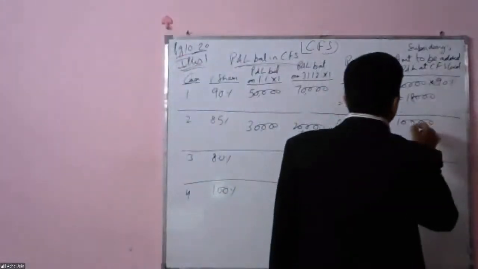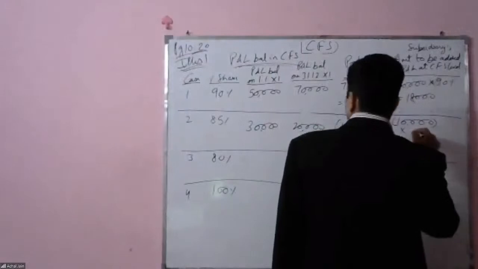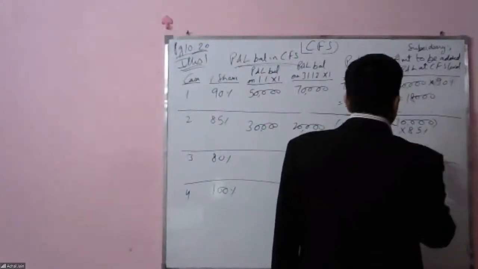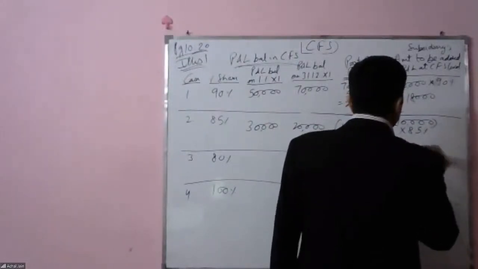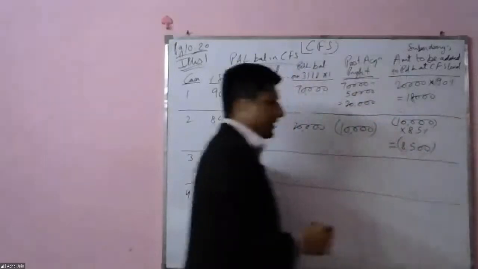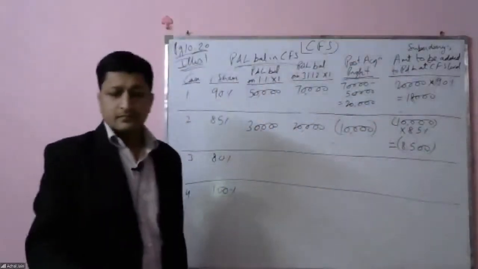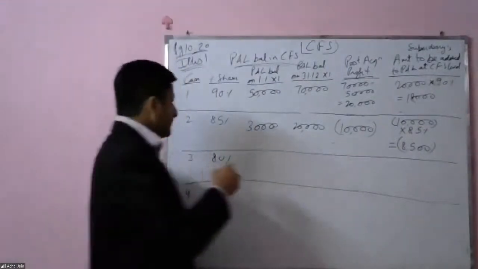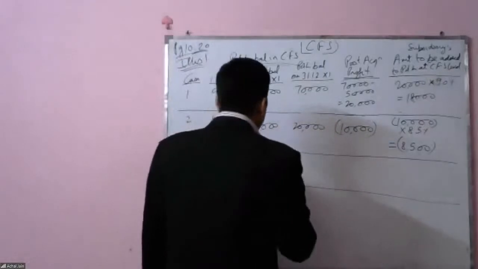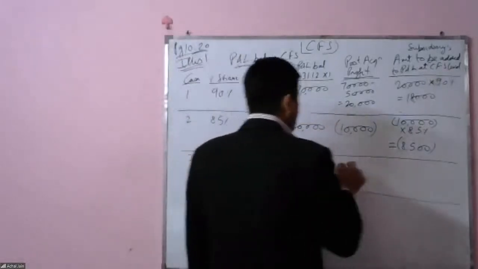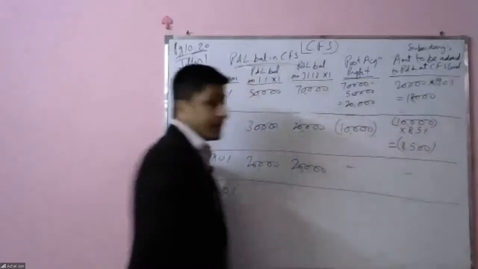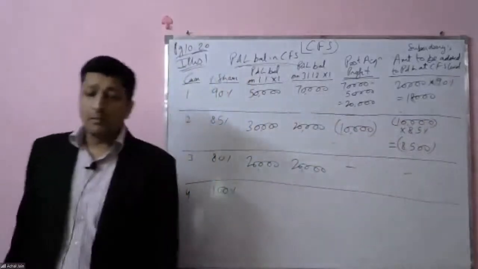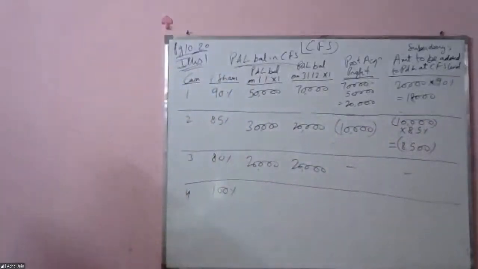So we will say 10,000 into 85%. So this will be 8,500 negative. Next, we have 20,000 over here and 20,000 over here. So this will be nil and this will be nil. So no amount out of the profits of subsidiary will go to the consolidated level.